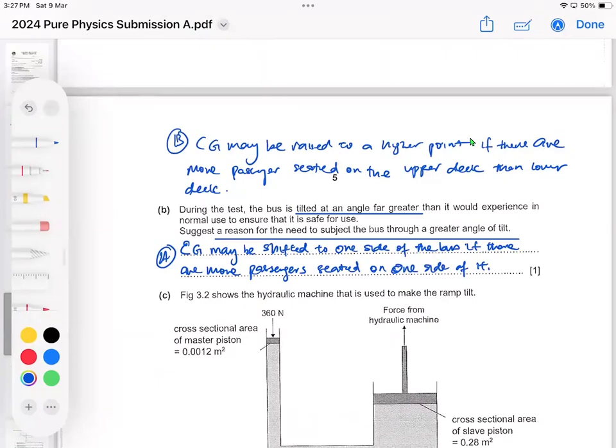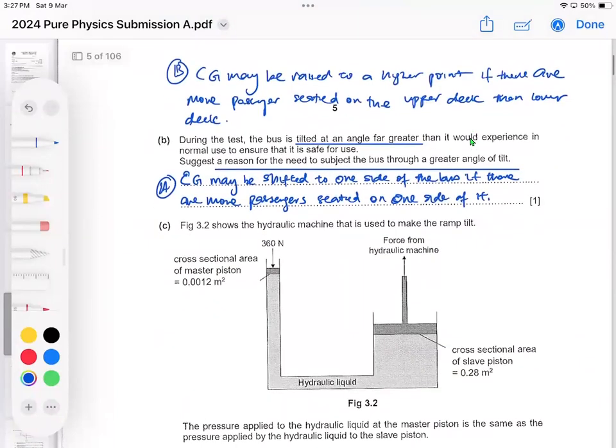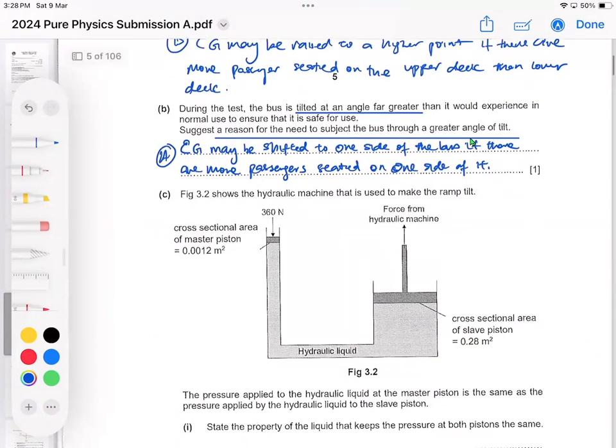Okay, you help me jot down these two possible reasons, either tilt to one side or raised CG. All right, let's take a look at C.